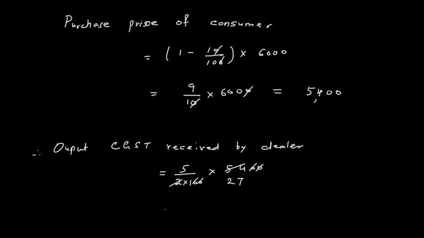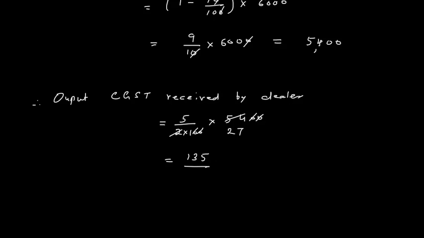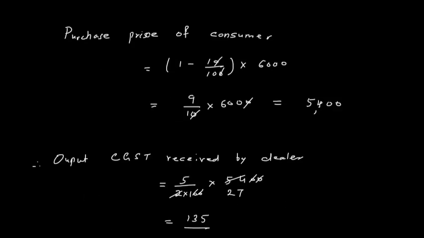So this is 5 sevens are 35, 5 twos are 10 plus 3, 135. Output CGST received by the dealer is 135. Input CGST is 105. Similarly, output SGST is also rupees 135. So you have input CGST, output CGST, everything you have found out. Now you can easily give the answer.